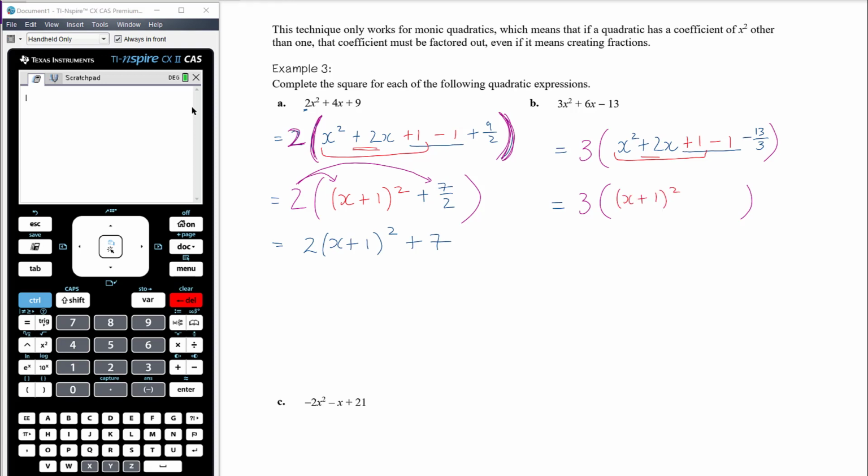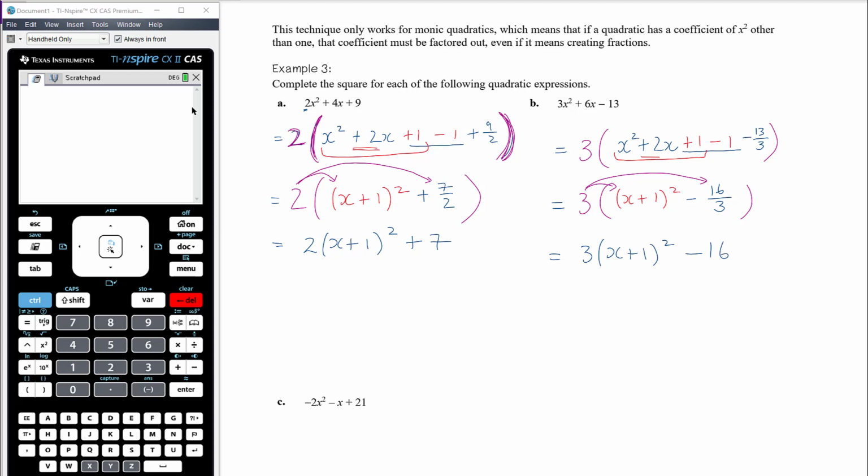And then outside of that bracket, we've got minus 1 and minus 13 on 3. Now again, I want you to try and get better at doing the fractions in your head. Negative 1 is negative 3 on 3. So we've got negative 3 on 3, take away 13 on 3, so negative 16 on 3. And then again, final step now is to multiply the purple 3 back in, get rid of those purple brackets, and so we're going to get 3 times x plus 1 all squared minus 16.